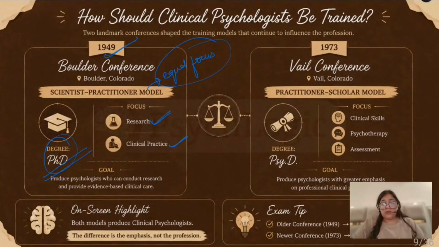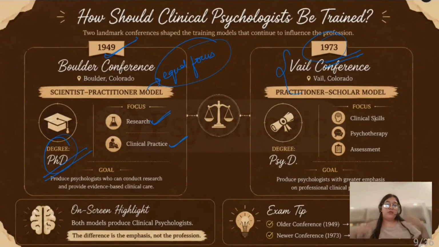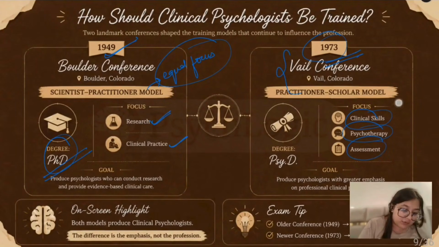Now a lot of psychologists complained that this has too much focus on research, which leaves very little time to be trained properly in the field. So came the Vail conference in 1973, which said that we need more focus towards clinical skills, psychotherapy, assessment, and less towards research.